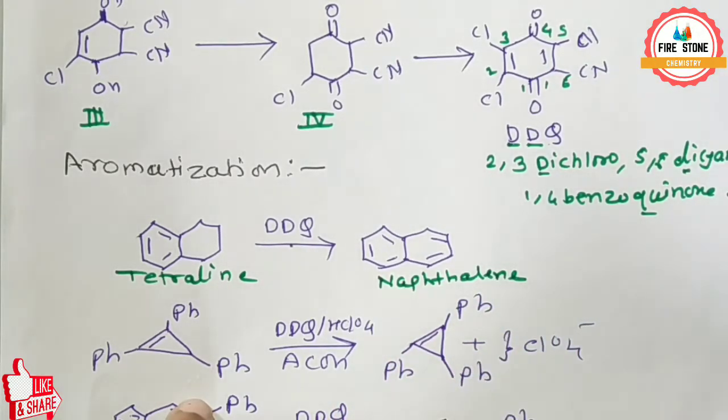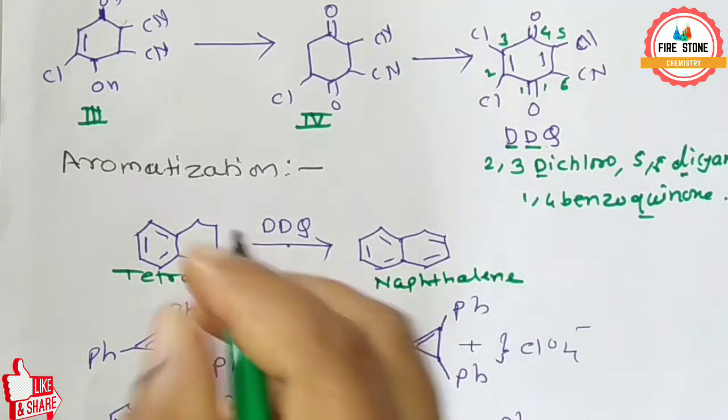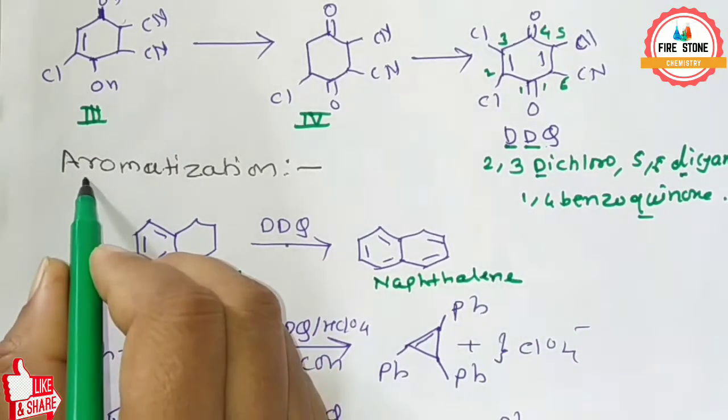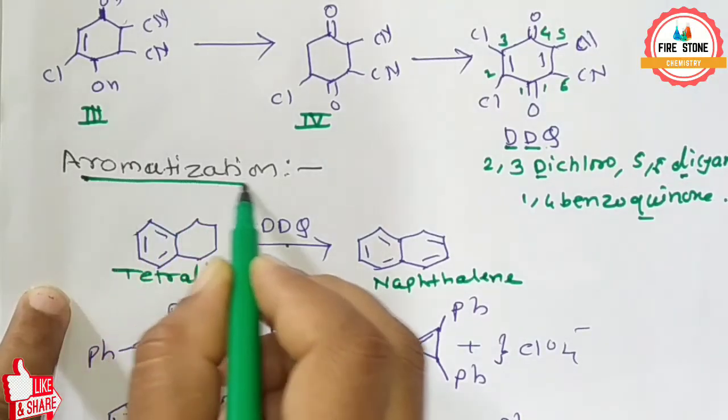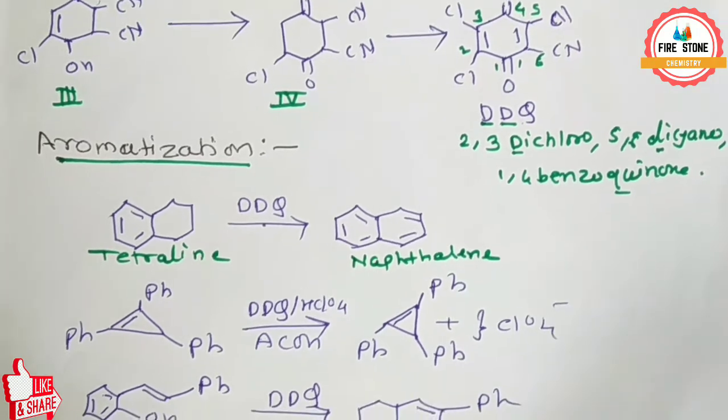And we all know that naphthalene is an aromatic compound, so the reaction is called an aromatization reaction, because in the presence of DDQ, tetralin gives naphthalene, an aromatic compound. Here the reaction that takes place is dehydrogenation.